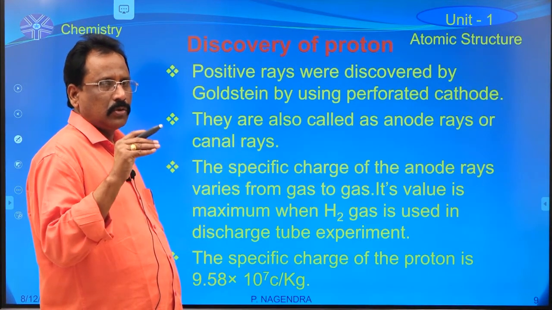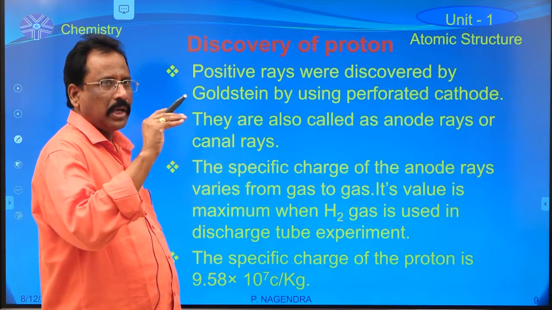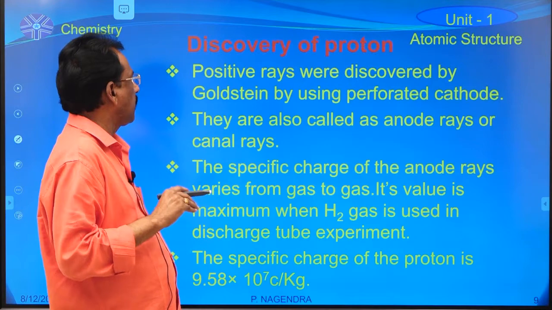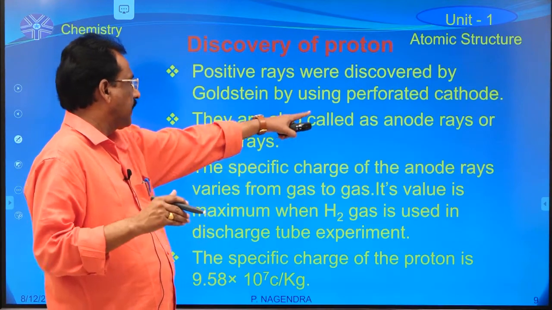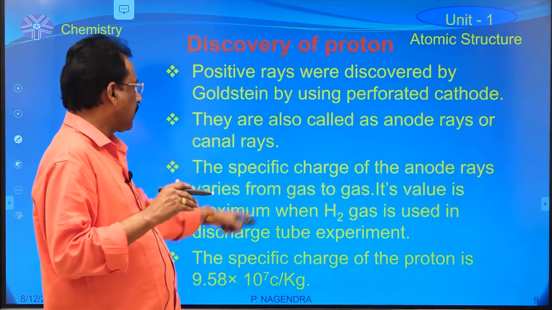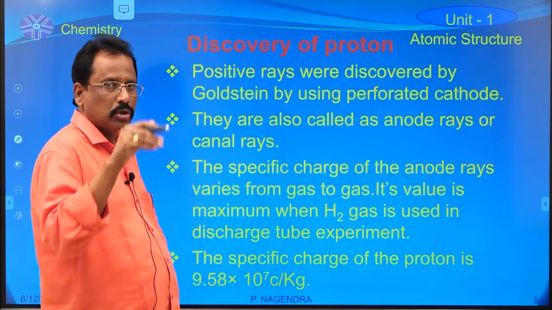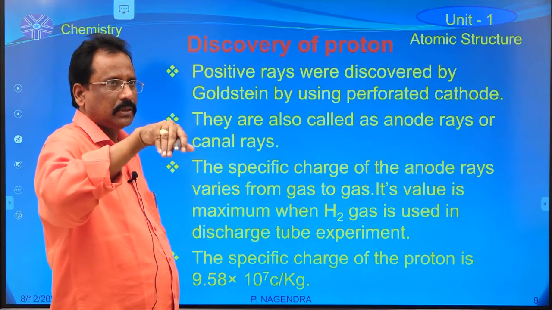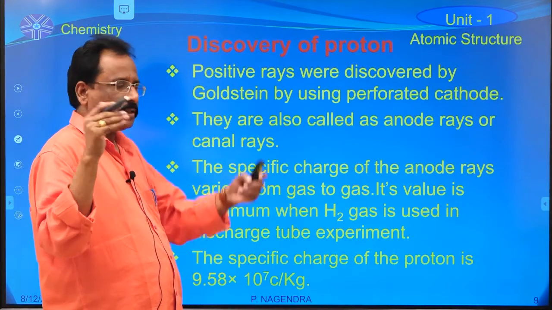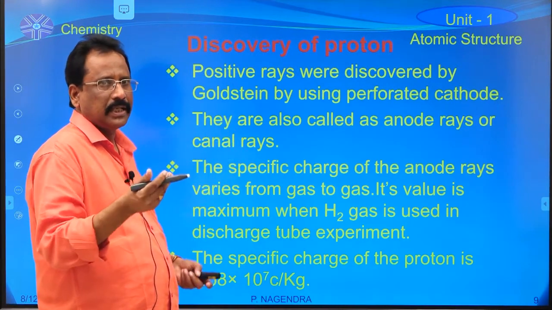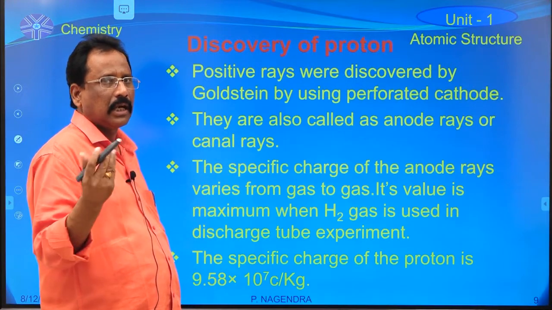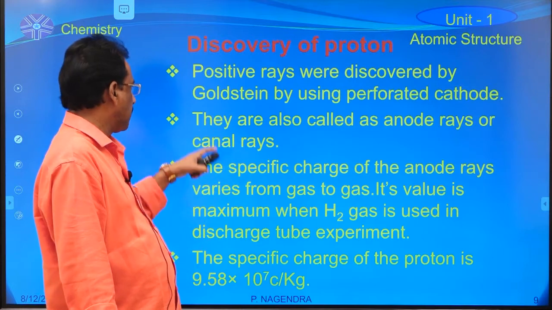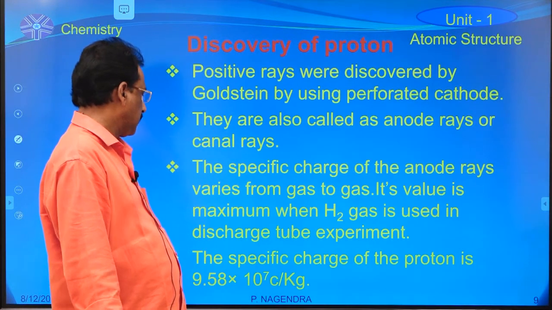Those rays move from anode to cathode, opposite direction. That's why the positive rays are also named as anode rays. Through the holes, anode rays pass through the cathode, and they strike the zinc sulfide screen. Immediately scintillations are observed. That's why the positive rays are also named as anode rays or canal rays.